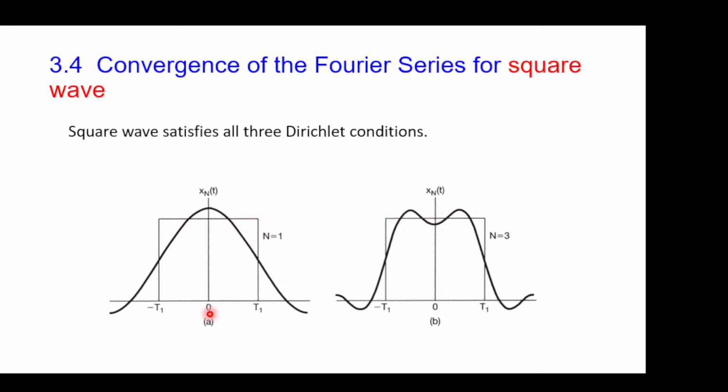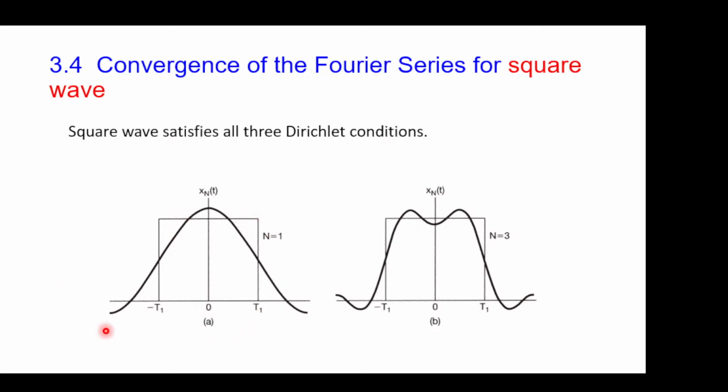So you have about 3 maxima and minima here, which is a finite value. And finally, the number of discontinuities: in one period, there are only 2 discontinuities. So that's also satisfied. Our square wave satisfies all 3 Dirichlet conditions.